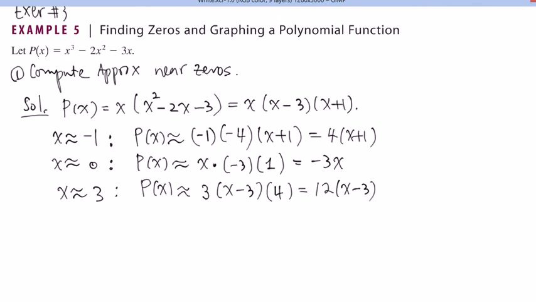Okay? Then you look at each zero, negative 1 is the smallest one, and do the approximation. The simplest approximation seems like 4 times (x plus 1). And at x equals 0, negative 3x, and at x equals 3, 12 times (x minus 3). All right, use that to sketch the graph of this function.